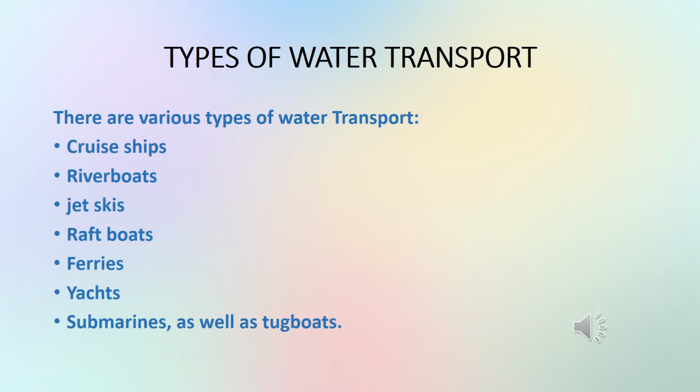As usual, I'm going to explain 2 transportation modes that I choose. First is types of water transport. There are various types of water transport, which are cruise ships, river boats, jet skis, raft boats, ferries, yachts, submarines, as well as tugboats.